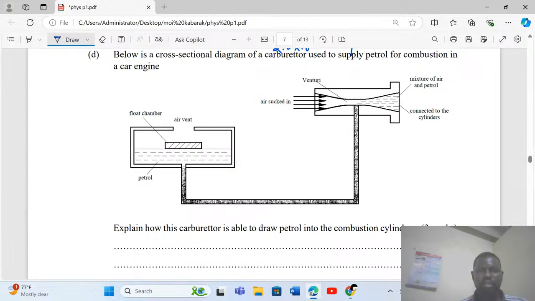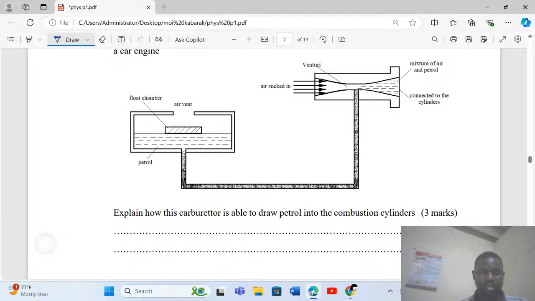Below is a figure that shows a cross-sectional diagram of a carburetor used to supply petrol for combustion in a car engine. This is how it is. You're told, explain how this carburetor is able to draw petrol into the combustion cylinders.